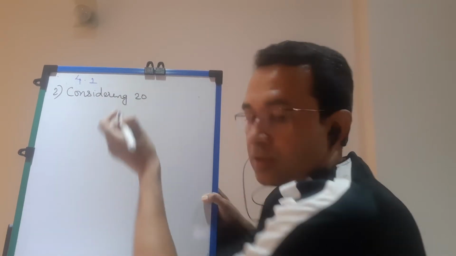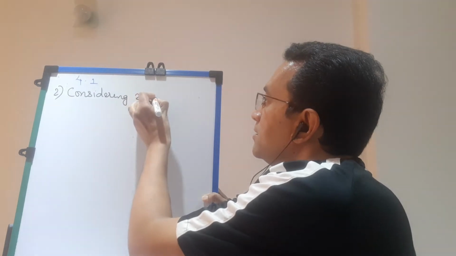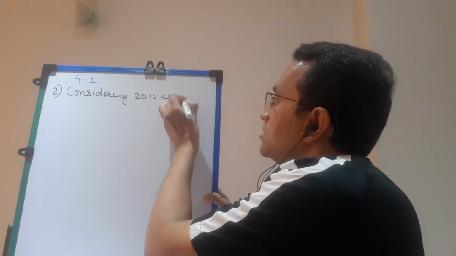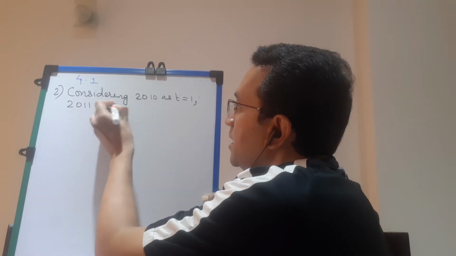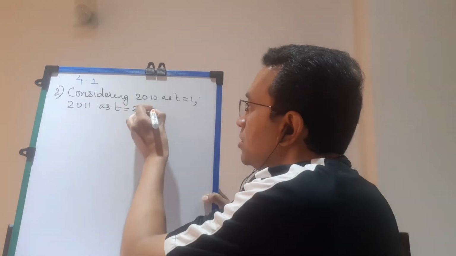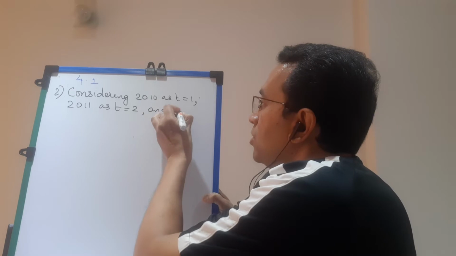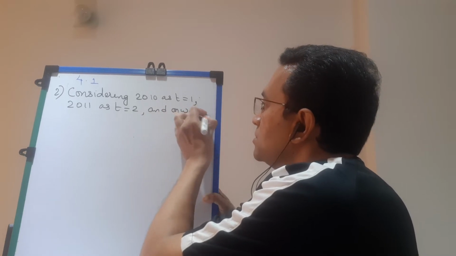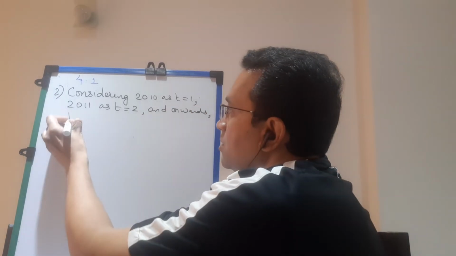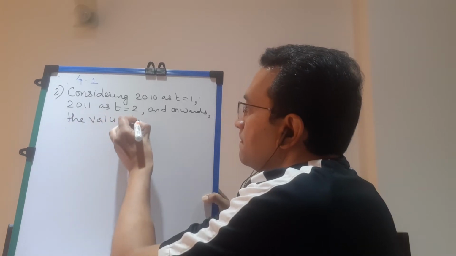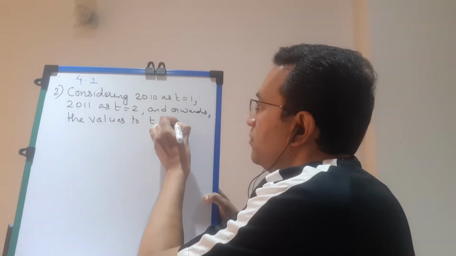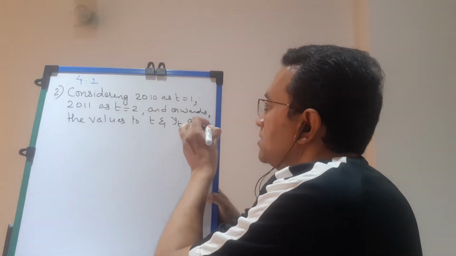Considering 2010, t is equal to 1. 2011, t is equal to 2. And onwards, the values of t and yt are as below.